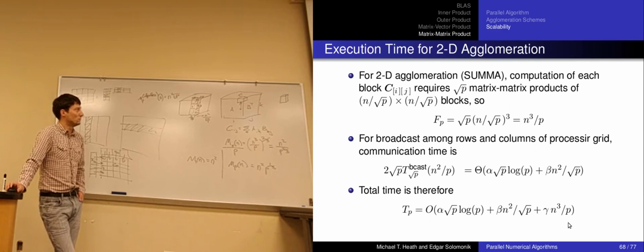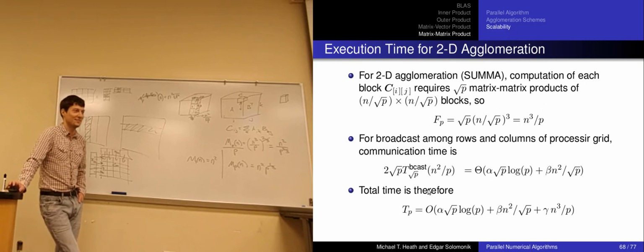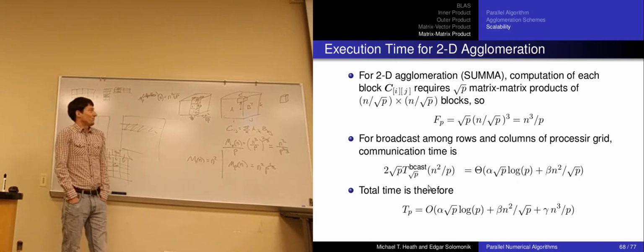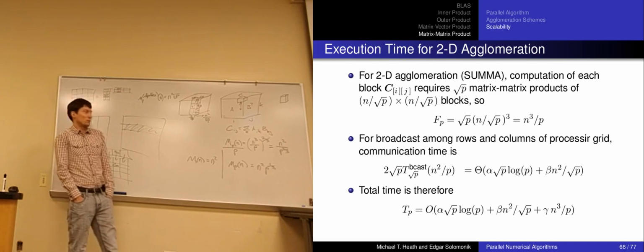Okay. And so what else actually went up with respect to the 3D algorithm more significantly? Yeah. More bandwidth and more what else? We don't have more flops, right?